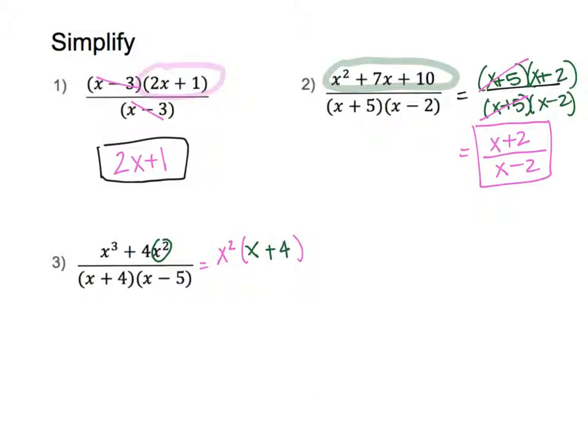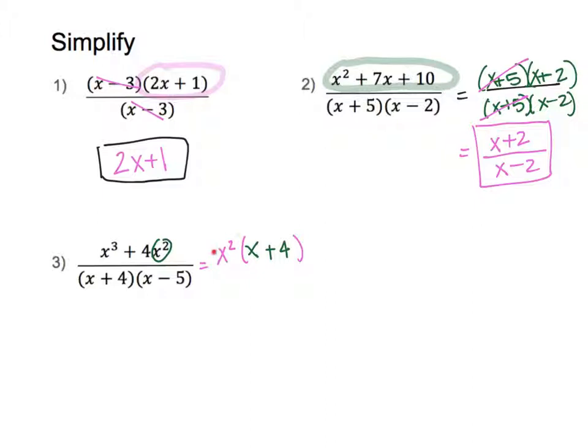This is what we call undistributing. And look, if I take this x squared and redistribute, that would give me the x cubed, and if I take x squared times 4, I get 4x squared, and I get back to here again. So what I'm doing is undistributing out the common factor, which is x squared.